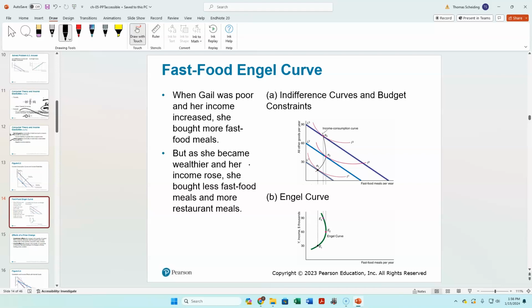And we can also see that sometimes we can face a situation where the Engel curve can bend backwards. Now this happens because we can imagine that you hit a certain income point and the good goes from being normal to inferior.